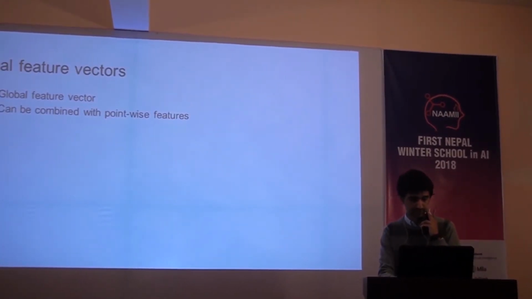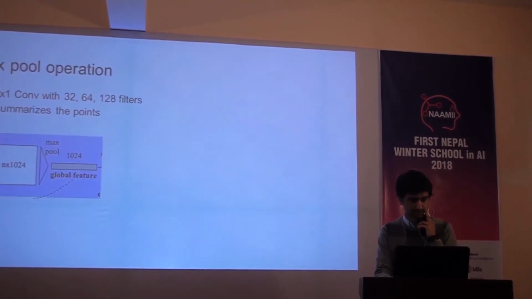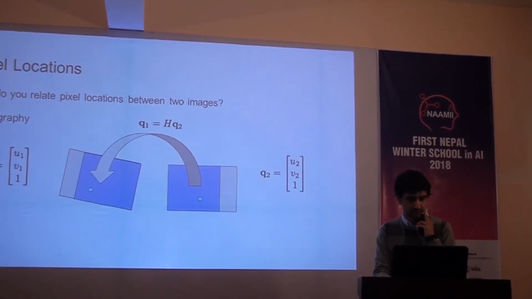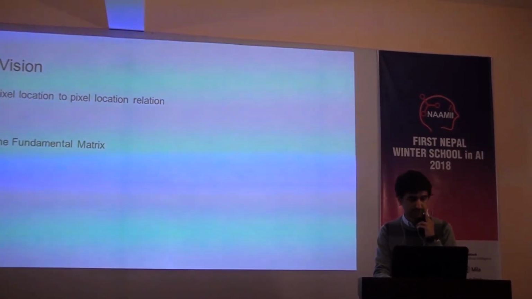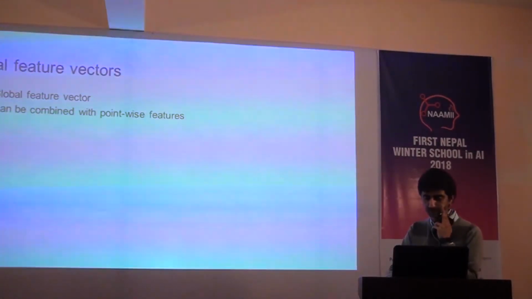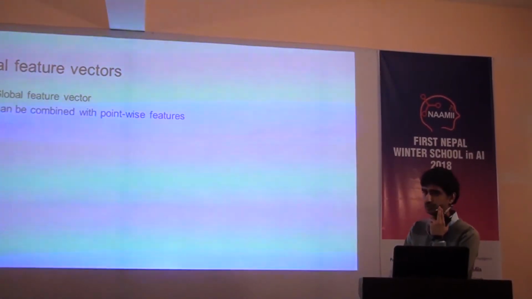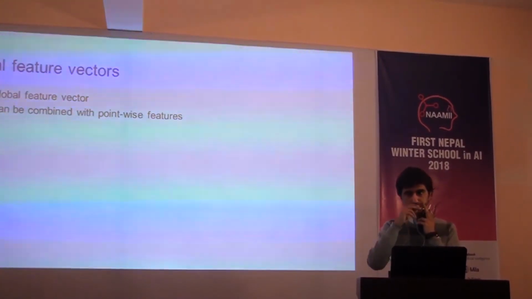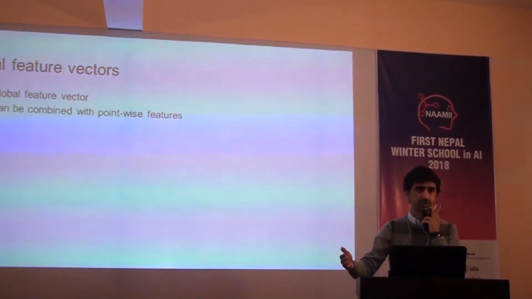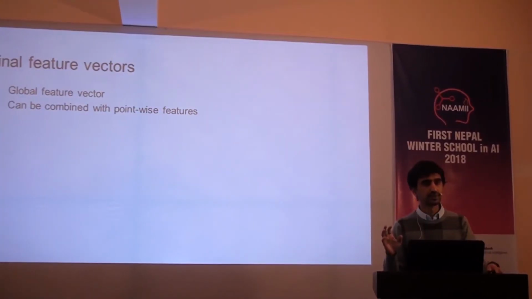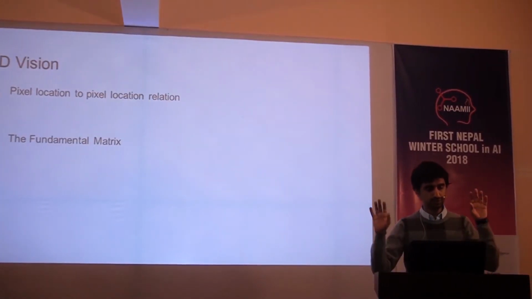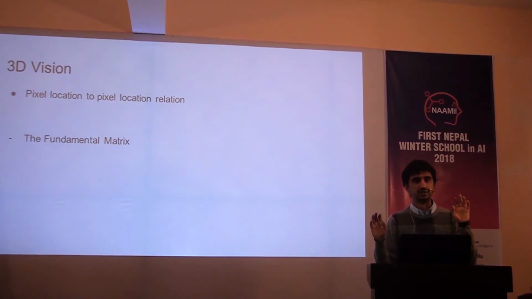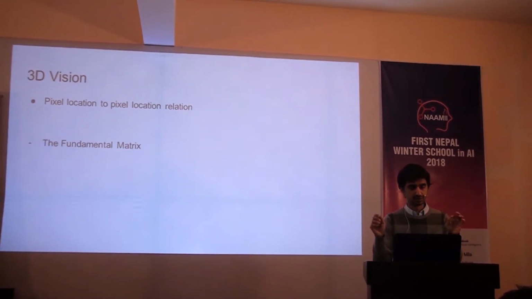So this is the end of learning on point sets, but there is something I wanted to talk about, the other part of 3D vision, which will be relevant also to pixel locations in two images. The relation between the same point projected in two images, what would it be?